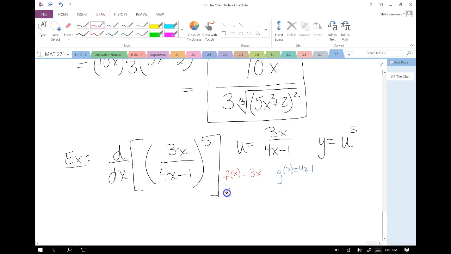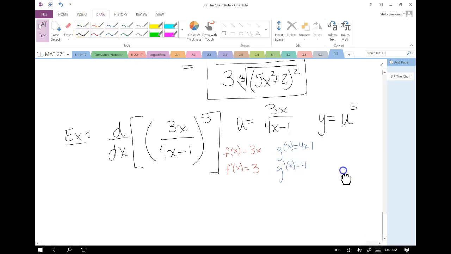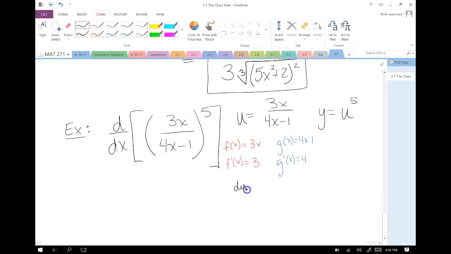So f prime is 3, g prime is 4, which means du dx is going to be, remember it's f prime g, so it's going to be 3 times 4x minus 1 minus fg prime, so 3x times 4, all over regular g squared.